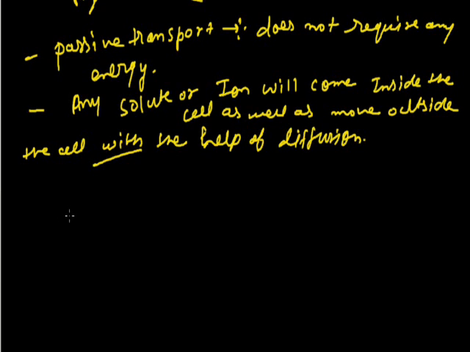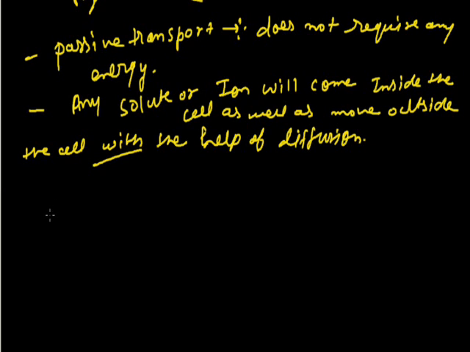So the molecules of solute which are more in the surrounding and less inside the cell will come inside the cell, and the process will be diffusion and it doesn't require energy. So it is a kind of passive transport.